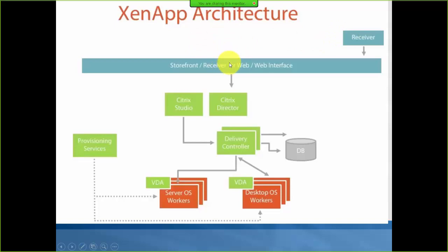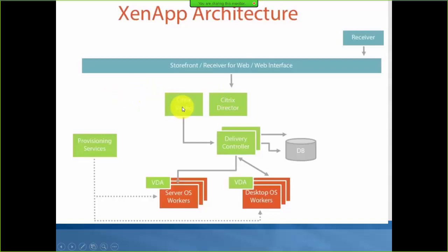Now it will be making connection with storefront, and storefront would be offering and showing all the applications on the client side. We're going to be installing that. Then there is Citrix Director, which is for monitoring of the Citrix environment in a very cool dashboard. And there is that Citrix Studio.